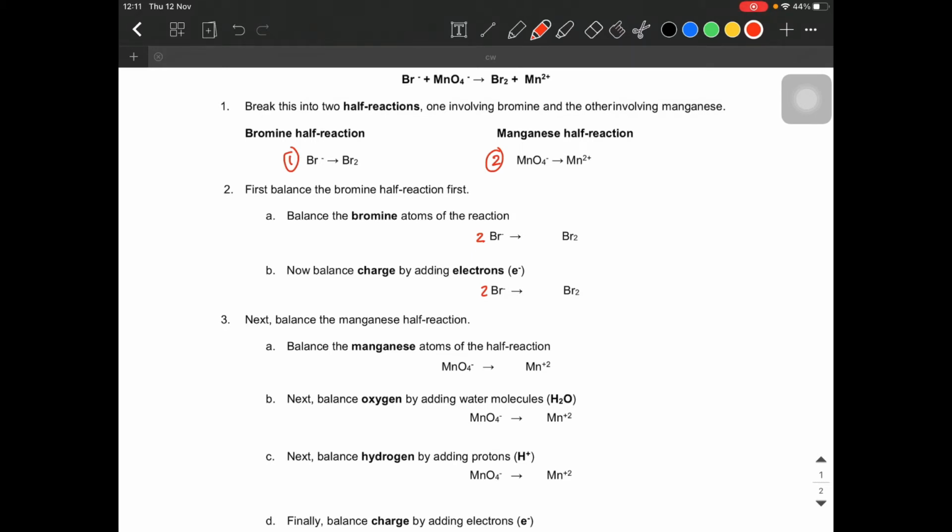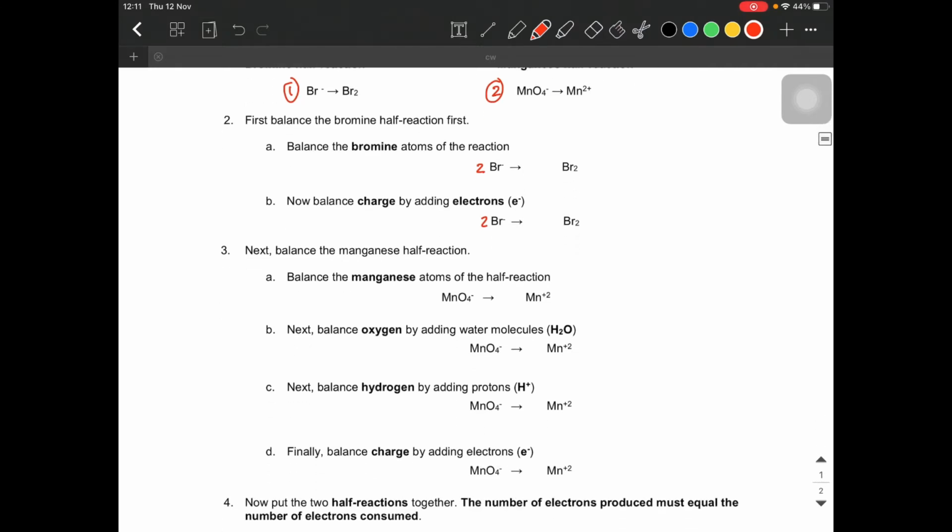So let's have a look here. The total charge at the left hand side is 2 multiplied by the charge, so the total charge is -2, while at the right hand side the total charge is 0. So we need to add 2 electrons here. Now the first half equation is balanced.